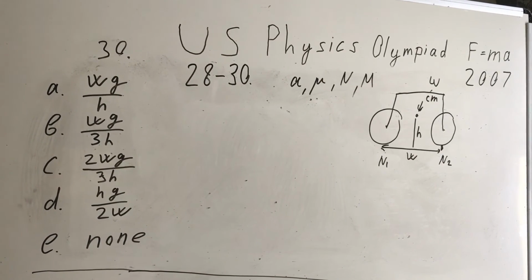Problem number 30. Assume that both tires are skidding, sliding without rotating. What is the maximum value of a so that both tires remain in contact with the ground?